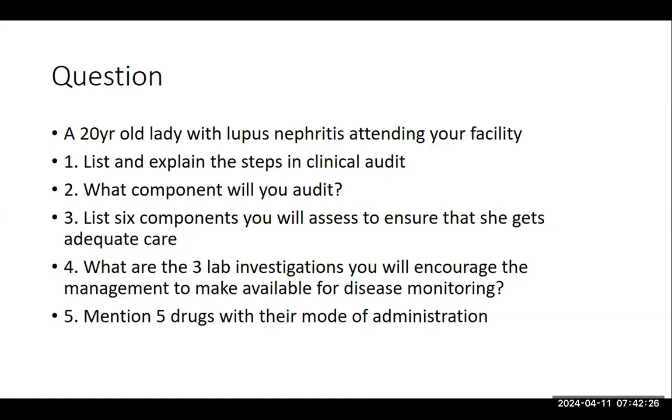And auditing the structure, what you're looking out for are all those things I've mentioned. Do you have the staff? Do you have the drugs? Do you have the equipment to carry out the necessary lab investigations? Do you have the necessary things to follow up the patient? So you may want to audit structure here rather than process.